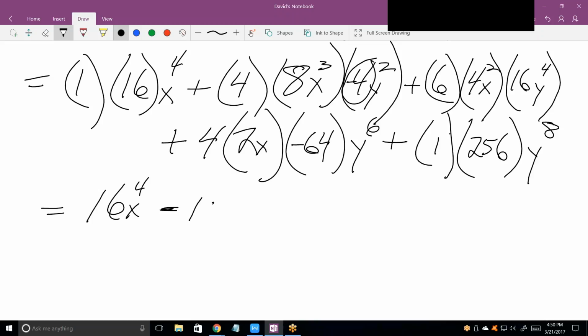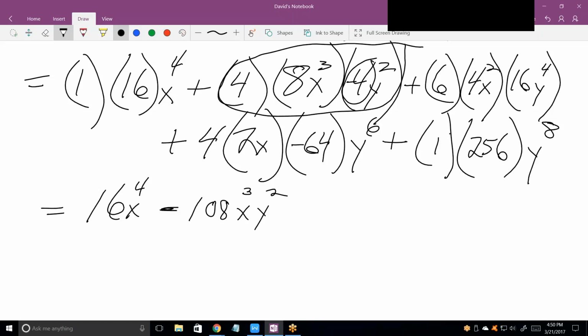Minus 108 is the coefficient. And I got x cubed y squared. See how I get that out of that term? So if they were to ask you what's the coefficient of the second term, the answer is minus 108.